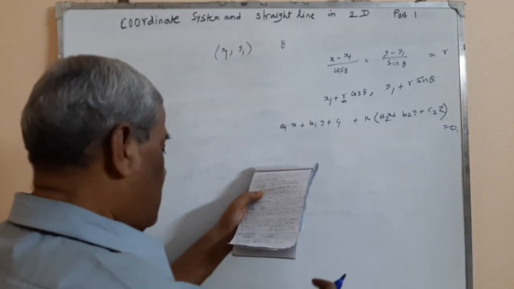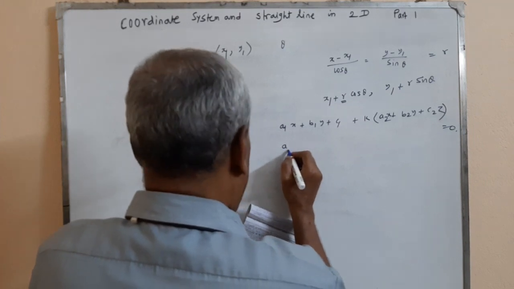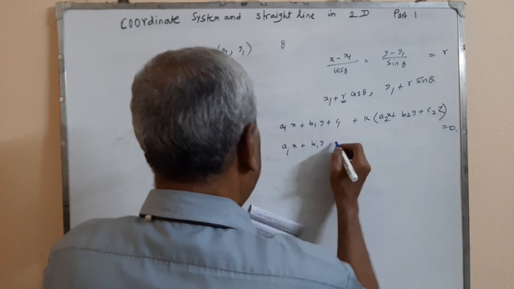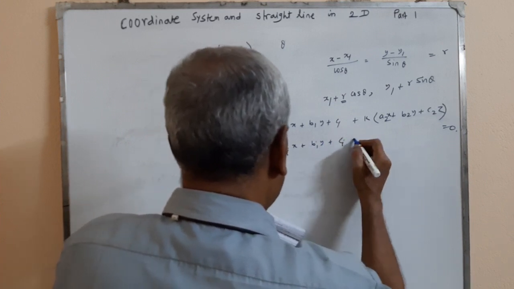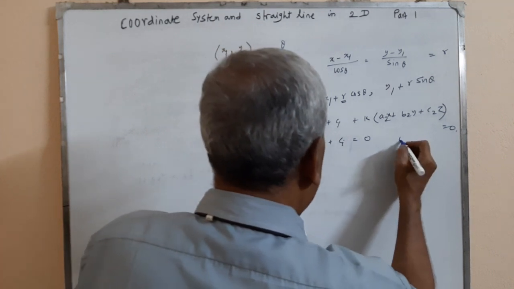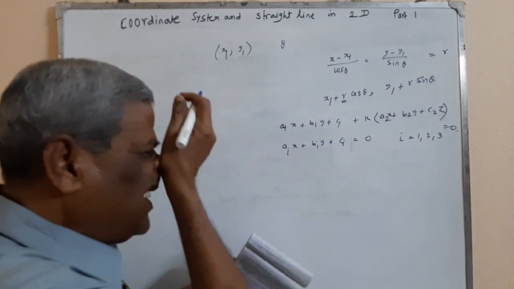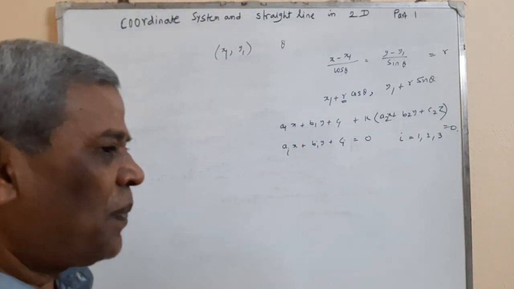Now, next one is, say, aix plus biy plus ci is equal to 0 for i is equal to 1, 2, and 3. That is, there are three different straight lines.